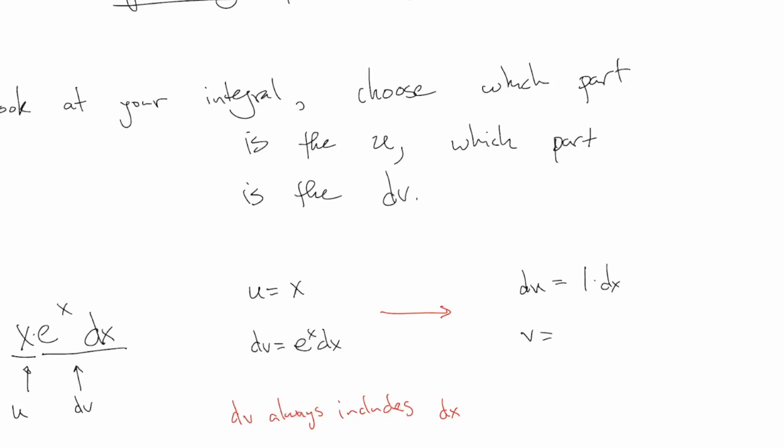I know you love it. It is e to the x. The derivative and the antiderivative are always e to the x. So here, v is just going to be e to the x. You'll notice after we do this part, the du now has the dx in it, and the v doesn't anymore. That's because the v is the result of doing the integral of this, and the dx will go away.